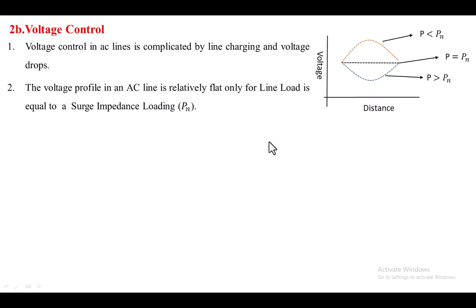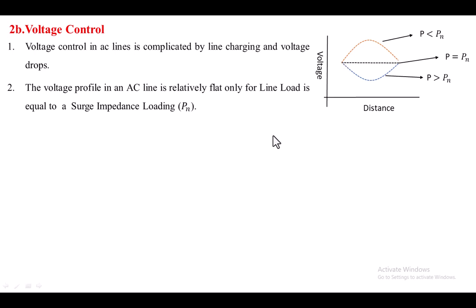Suppose the load on a line is greater than the surge impedance loading, then the voltage at the midpoint will decrease, keeping the sending end and receiving end voltages constant. Suppose the load on a line is less than the surge impedance loading, then the voltage at the midpoint will overshoot, but the sending end and receiving end voltages are kept constant.